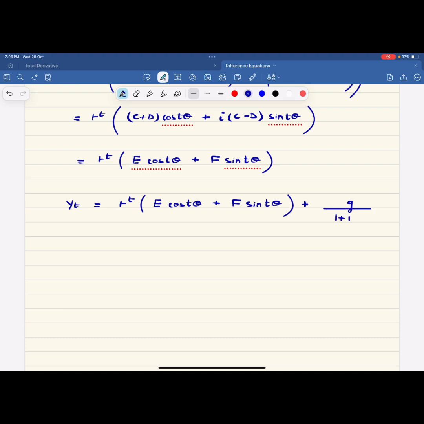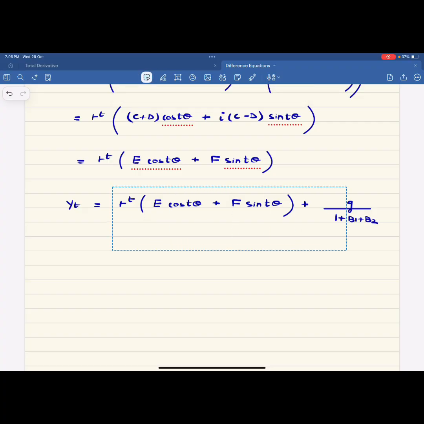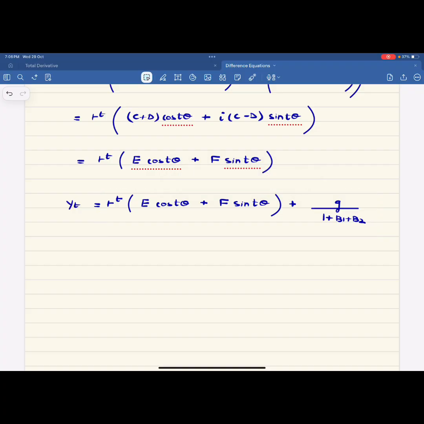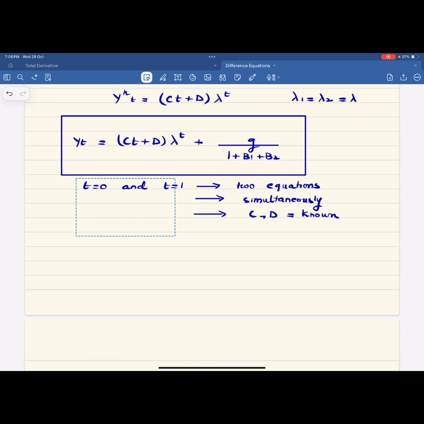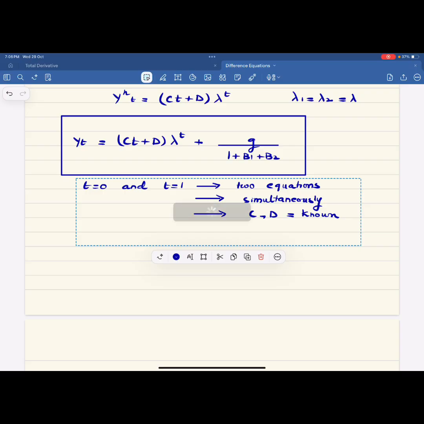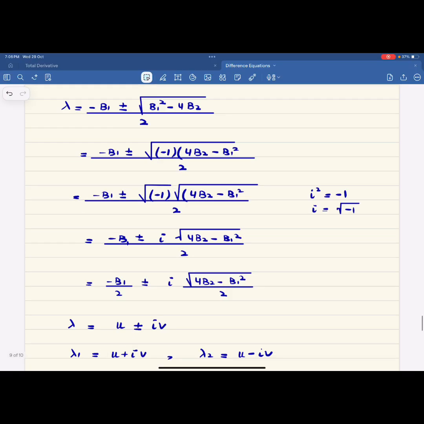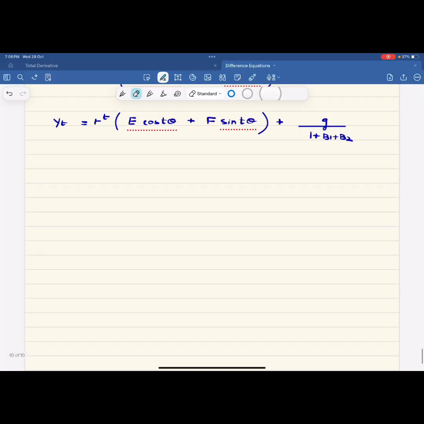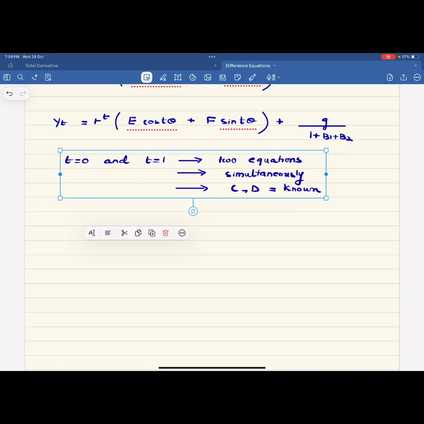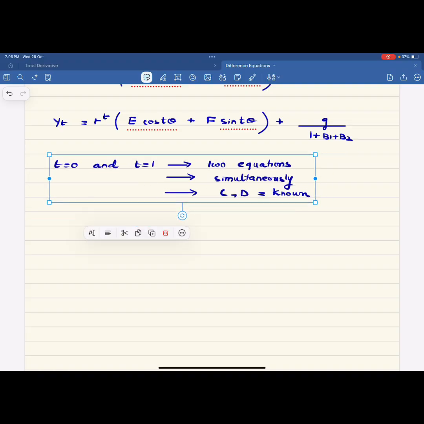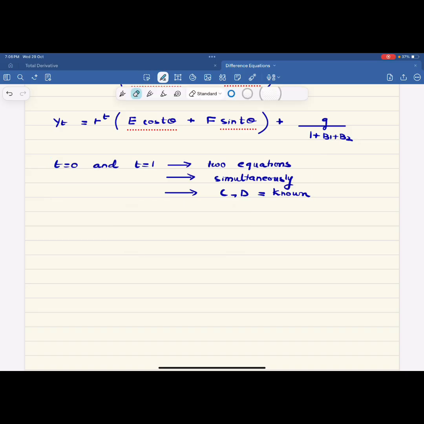Now we have the general solution. Again, we have two unknown constants. The same trick applies: if you put t equals 0 and t equals 1, you'll get two equations. You solve them simultaneously, and you will get the answer for E and F, so they will become known.